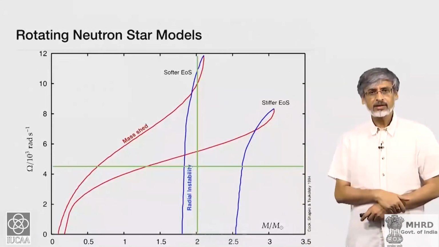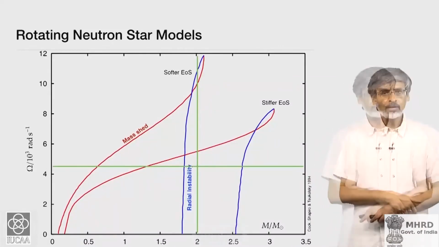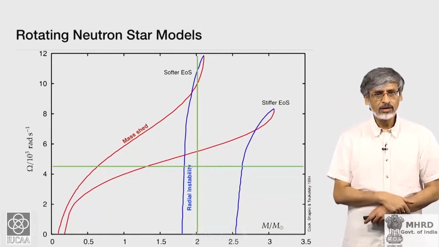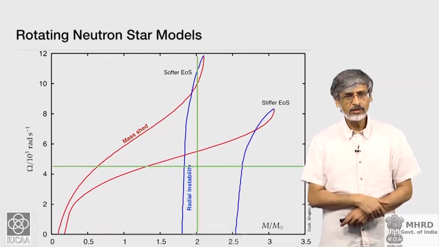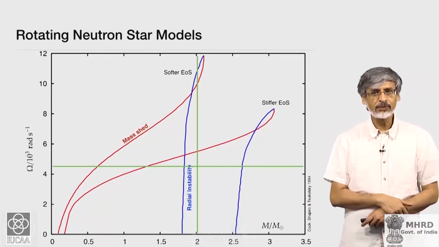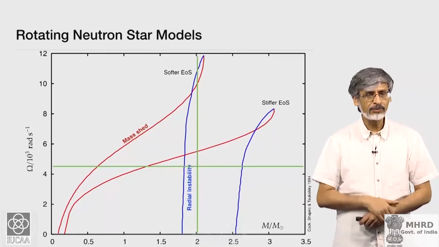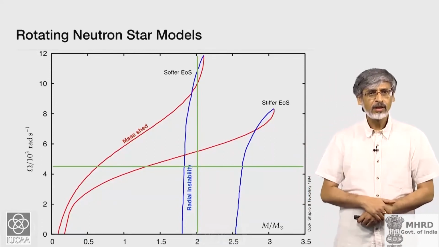So, as we said, neutron stars are seen to rotate very fast. For fast rotating neutron stars, the equilibrium solution has to be obtained in a manner which is different from just solving the TOV equations, and people have carried out this kind of computation and analysis.